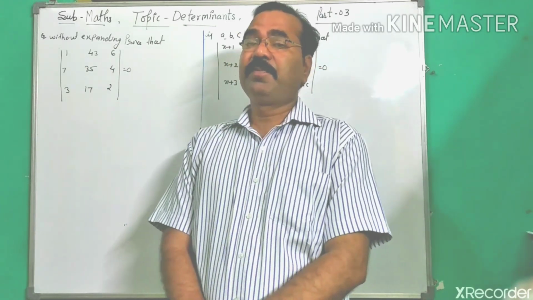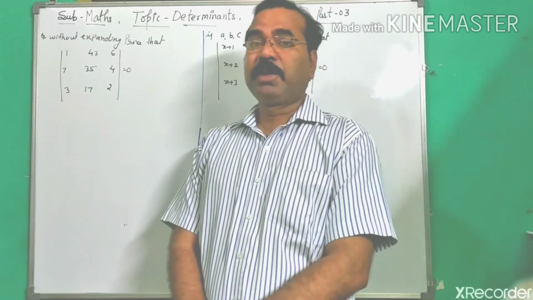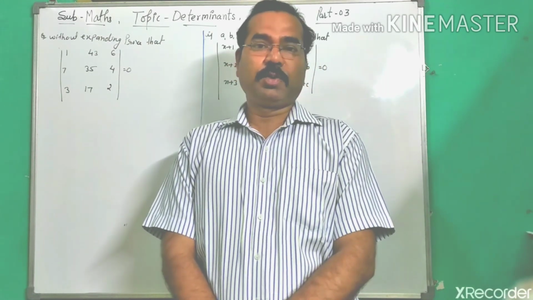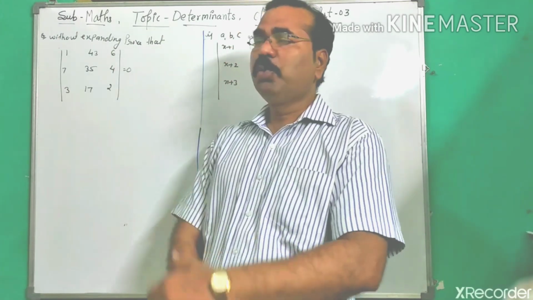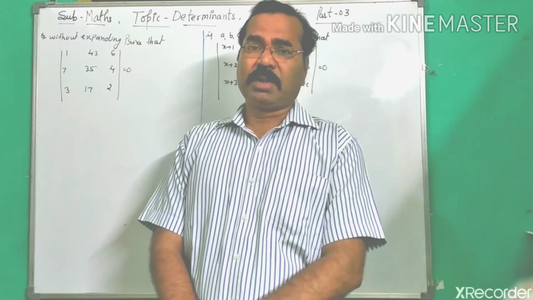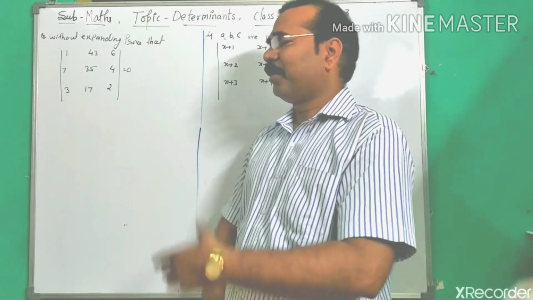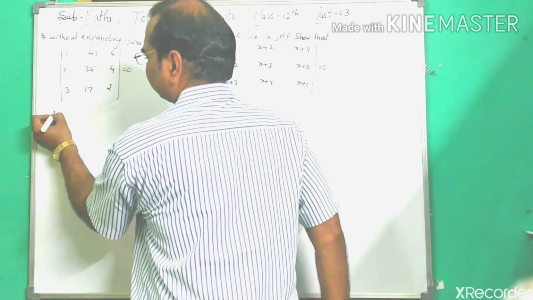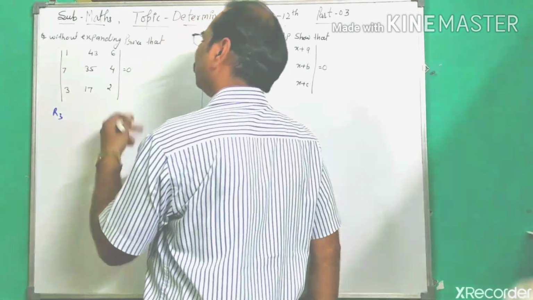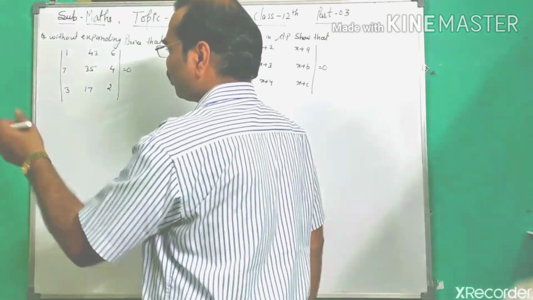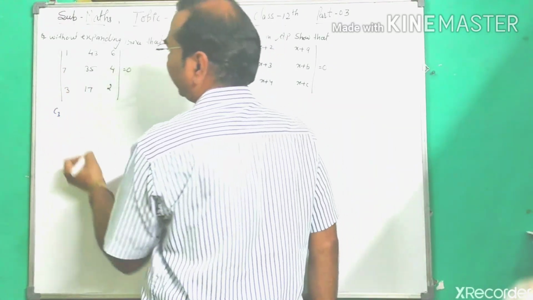Firstly, if two rows or two columns are equal, then the value is 0. So we have to find where two columns or rows can be made equal. Thinking about row 3 or column 3, we now take the column C3.